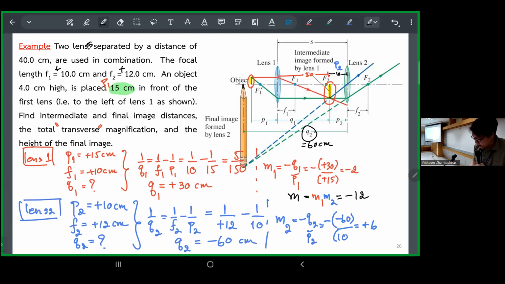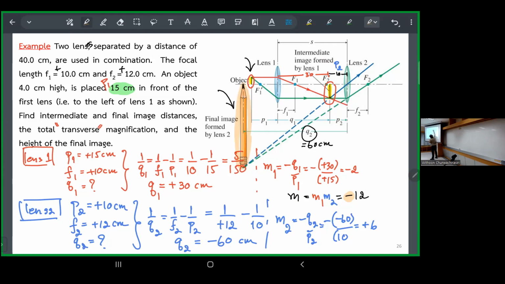So that's very good because starting from here, that's your original object. This is your final image, right there. And the negative sign over here is perfect. It's saying that the final image is upside down. Okay, and it's going to be 12 times relative to the original object right there.